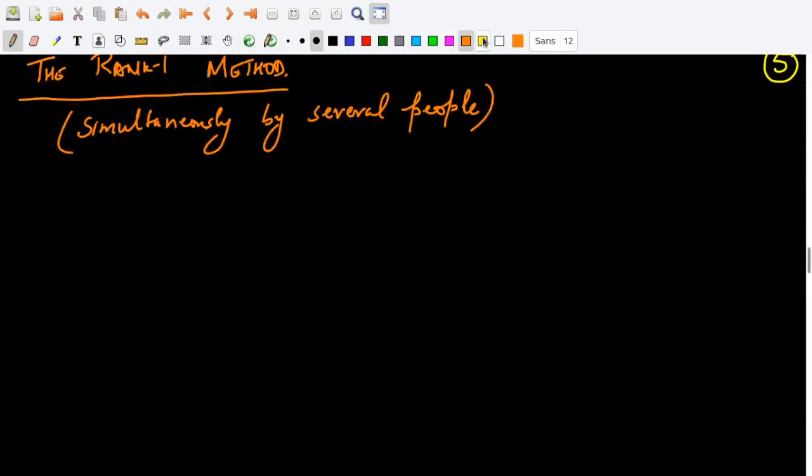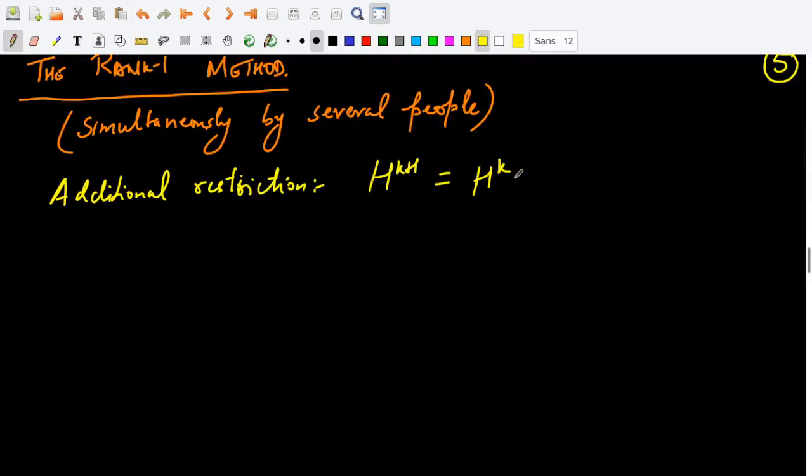So what this says is, in addition to the above conditions, the additional restriction on H_{k+1} is that H_{k+1} should be H_k plus a rank 1 matrix of the form a u transpose.